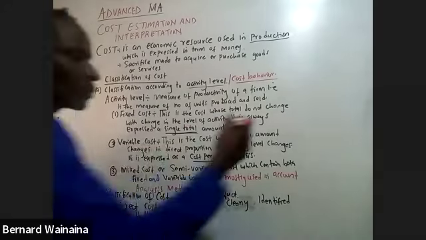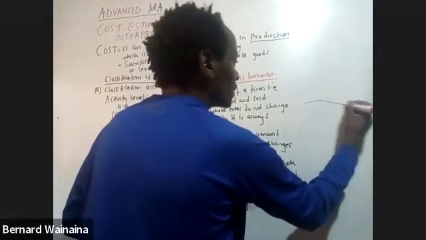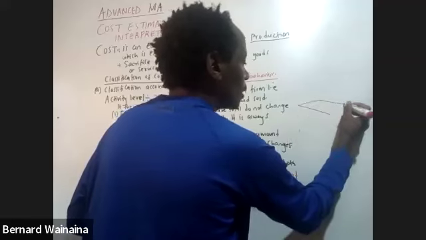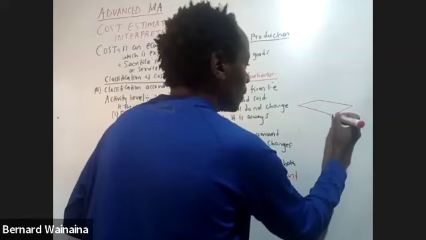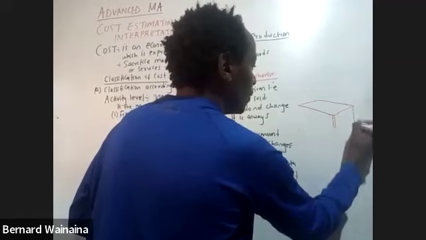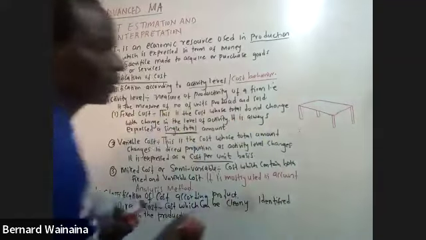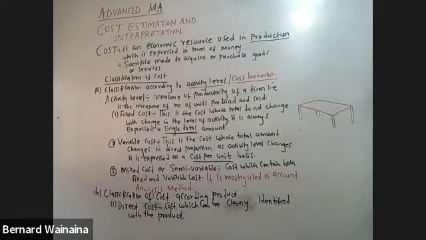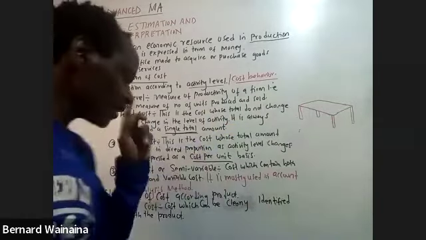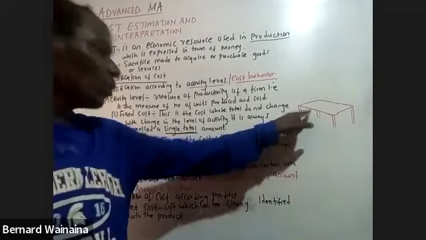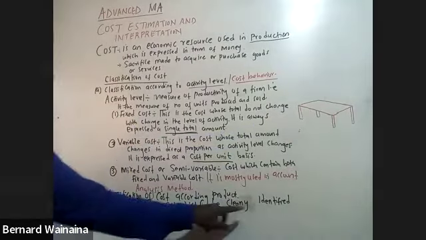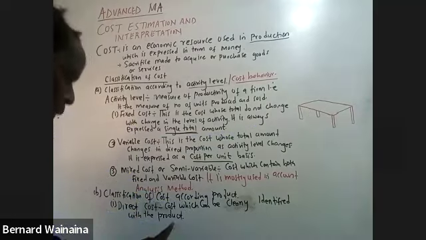For example, if you decide to make a small table, we need the wood. So wood is the main material of this table, so we can say that wood is the cost which can be identified to the product.